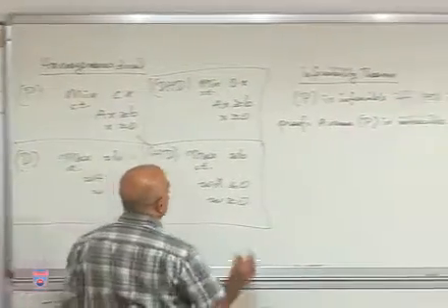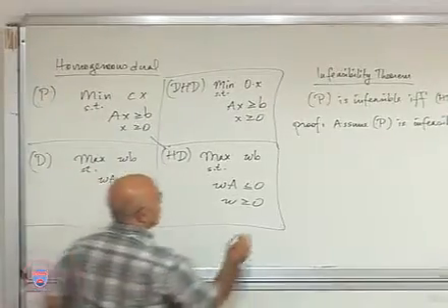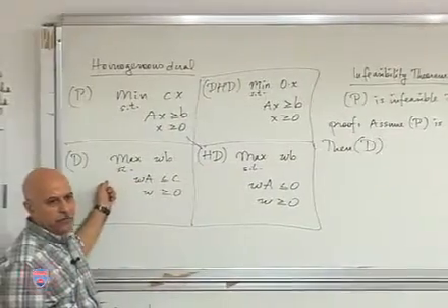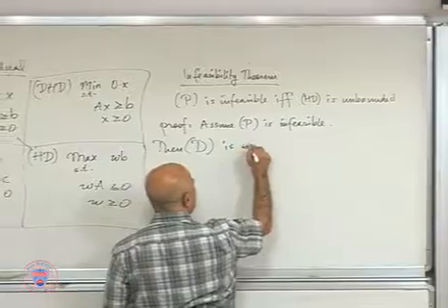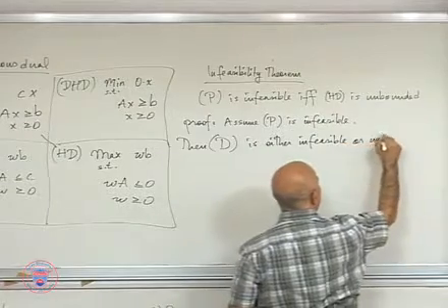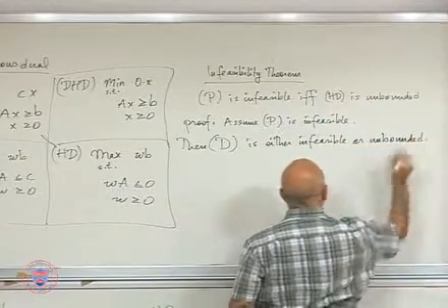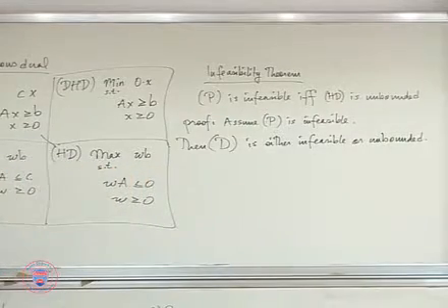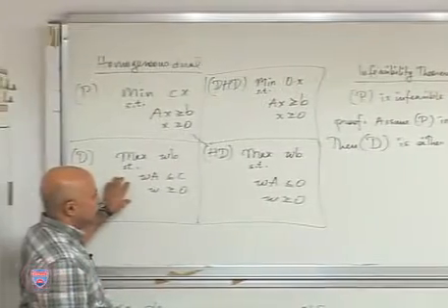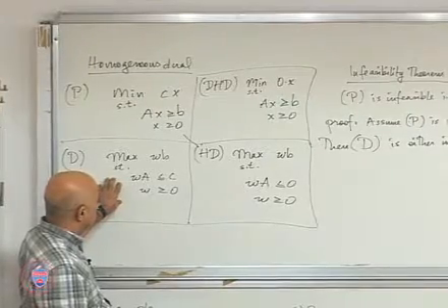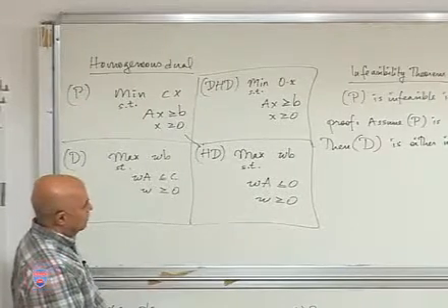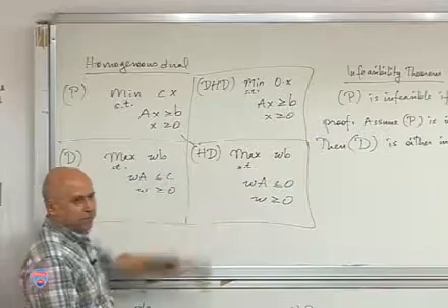Can you show that? Well, let's begin with this. If P is infeasible, then what do we know about the regular dual? The regular dual is either infeasible or unbounded. Now, is it possible for D to be infeasible? Or how do I go from there to here? That's the question.